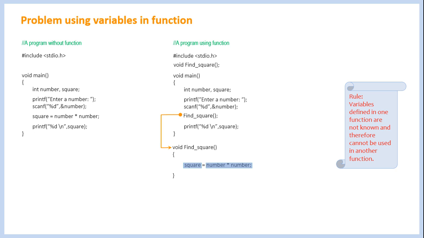Now variables number and square are defined in main. They are not defined in the function. So compiler is going to complain in a big way. What kind of variables are these? I have no idea. So you have a problem.